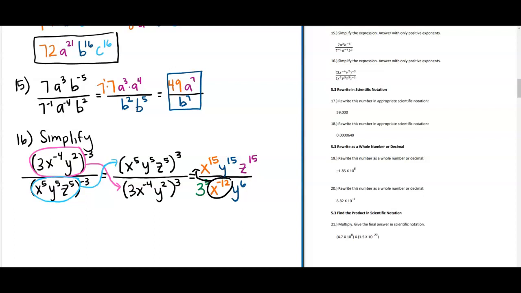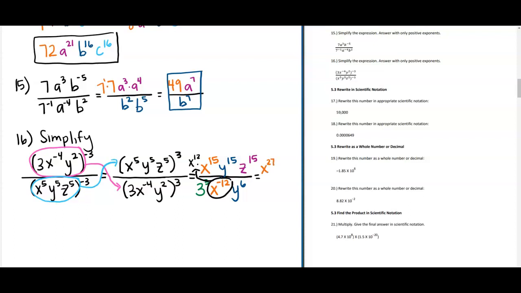And so when it moves up there, we're going to have x to the 12th times x to the 15th. So that will give us x to the 27th.